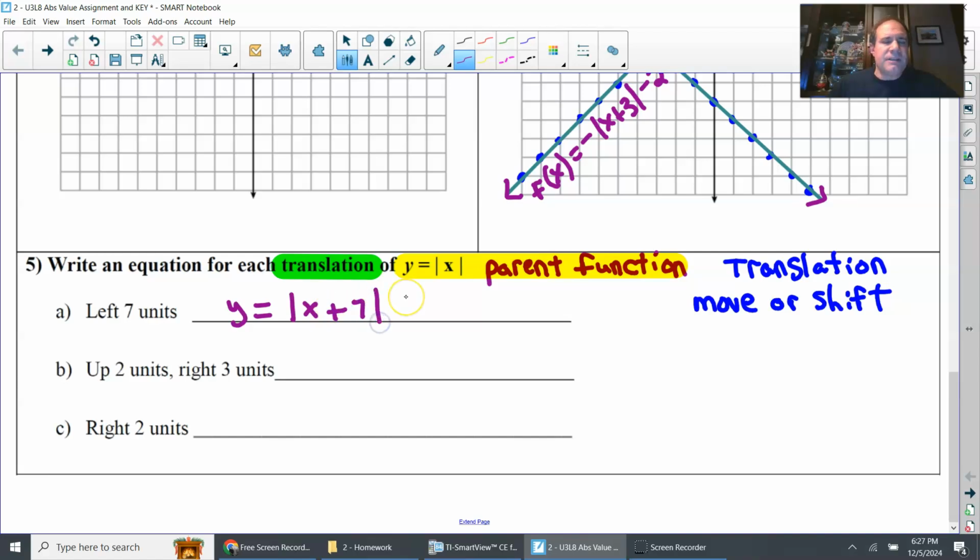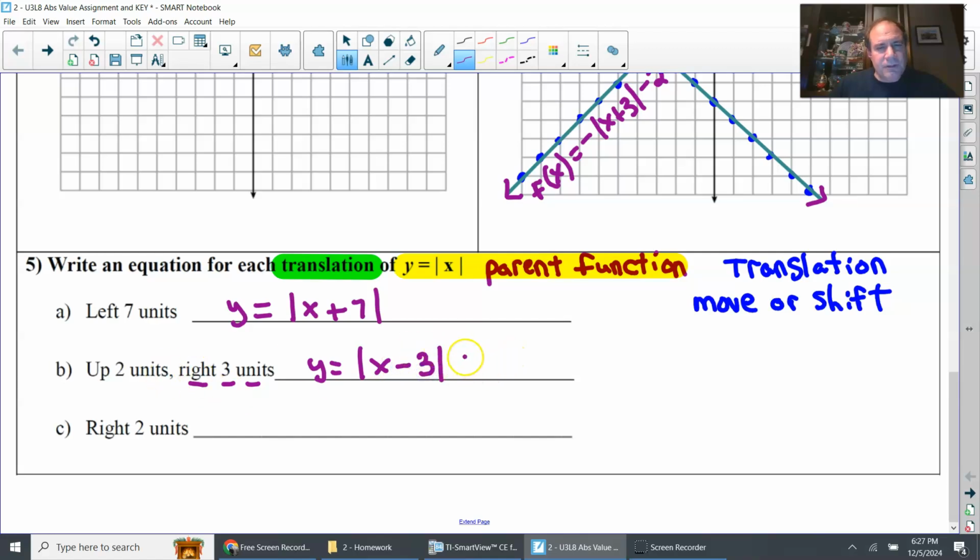And again, I always think of it as plus 7 is going to the right, but it's not because it's inside the absolute value, so it's going to the left. Now we're going to go up 2 units and right 3 units. So it gets a little bit more difficult. So we're just going to put y equals. We're going to put the absolute value, x, and then I'm going to take the right 3 units and do minus 3 inside.